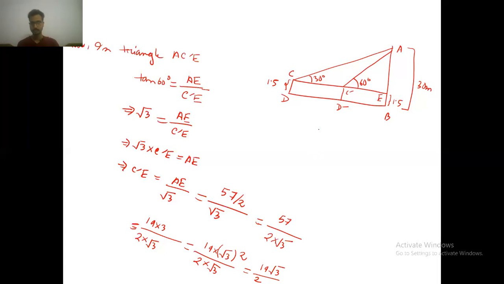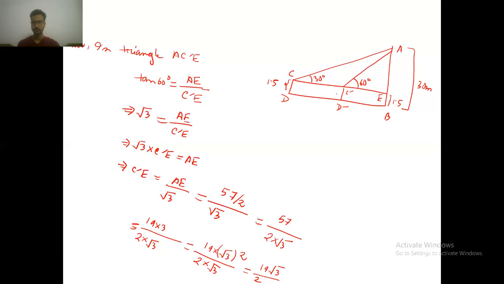Now just now I have told you that BDCE is one rectangle, and D'C'ED' is also one rectangle. So C'C will be equal to D'D.